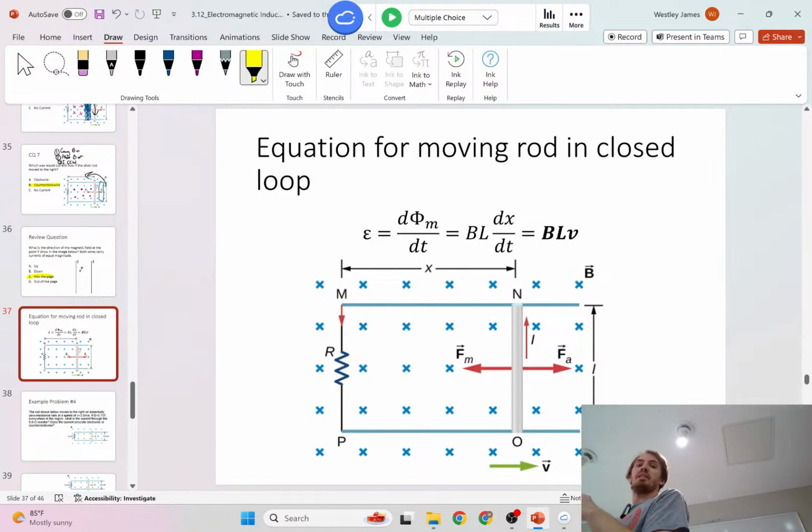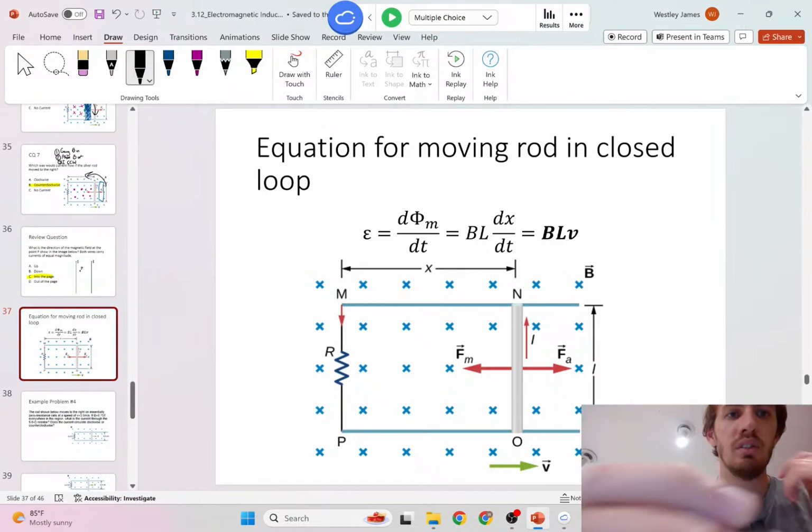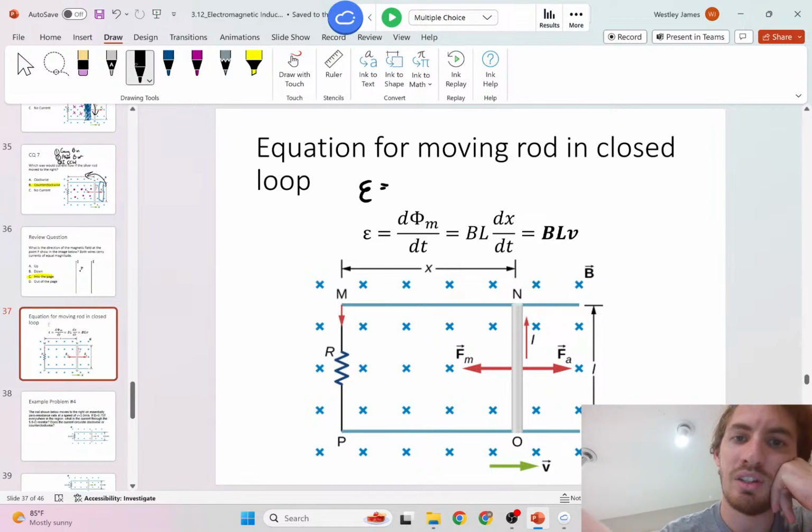Here's the math. The voltage that is generated in this specific scenario is just BLV. So it comes from the equation, let's write this out in non-calculus version: change in flux with respect to time.